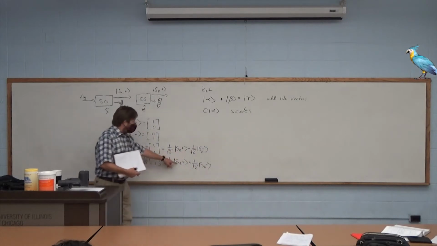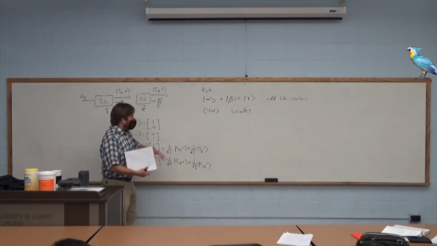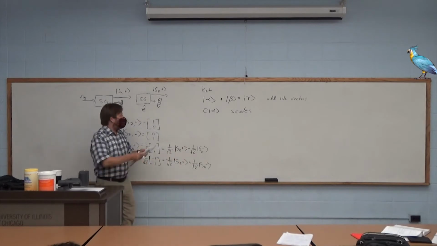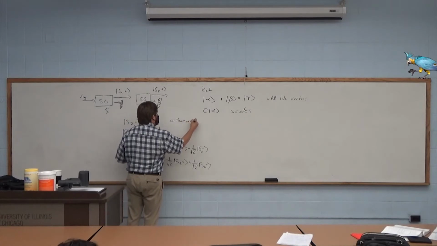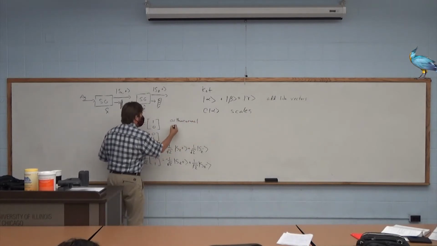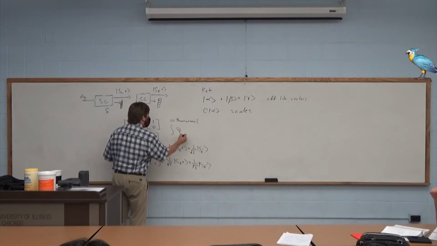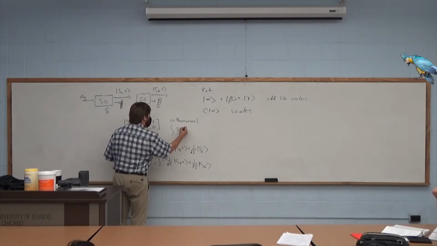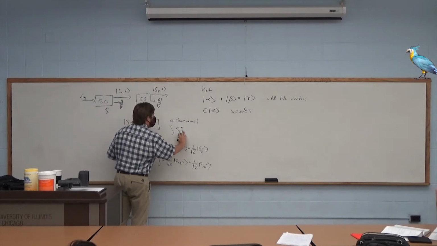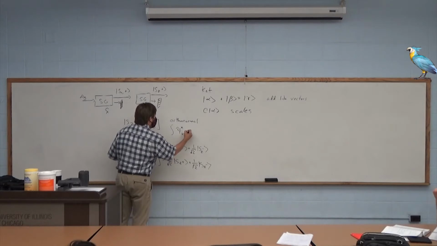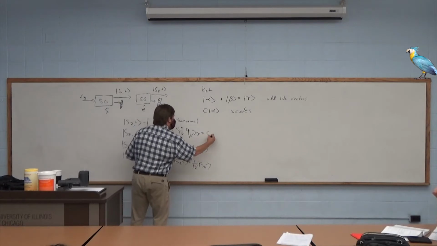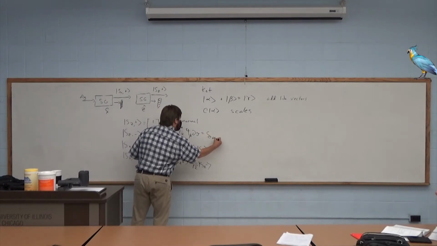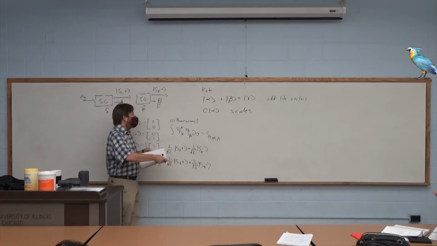Now remember, one reason they look like this is because they are orthonormal. Remember that orthonormal, and this is an undergrad level idea, so I'm counting on you to know that. The complex conjugate of a state, I'll use my notation there.